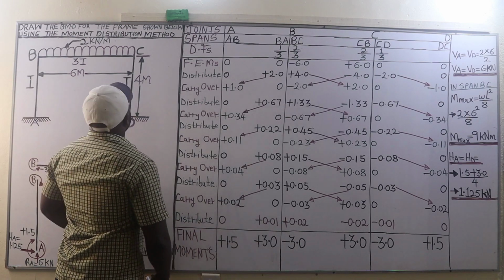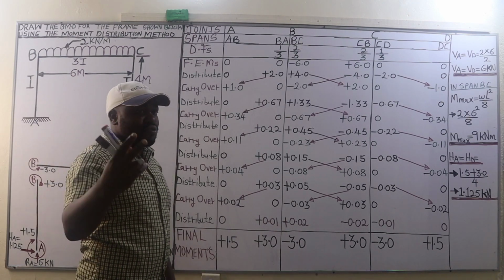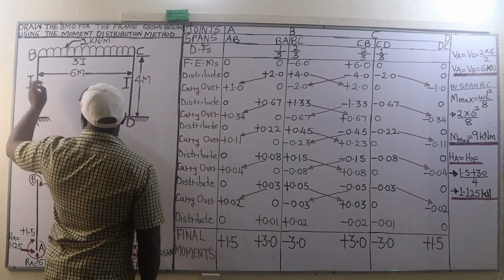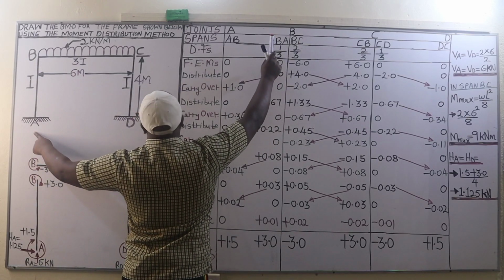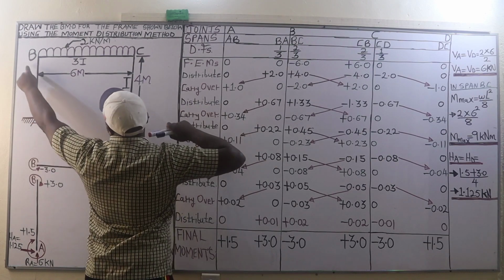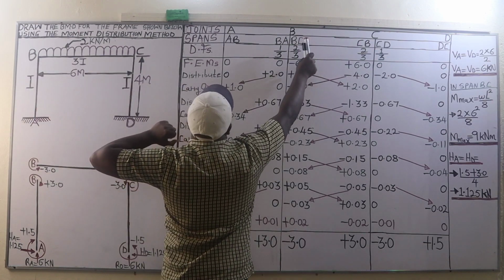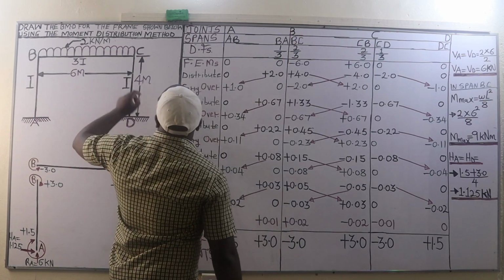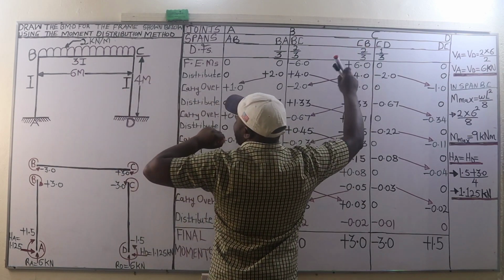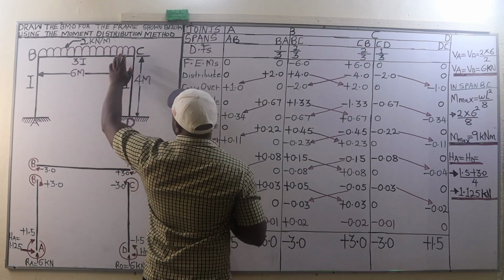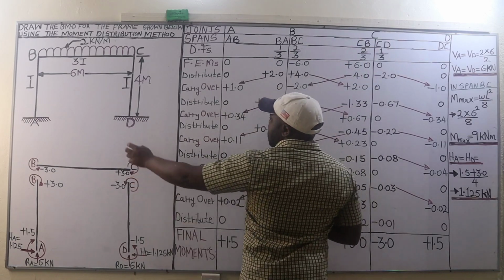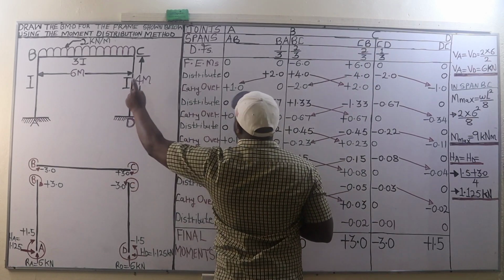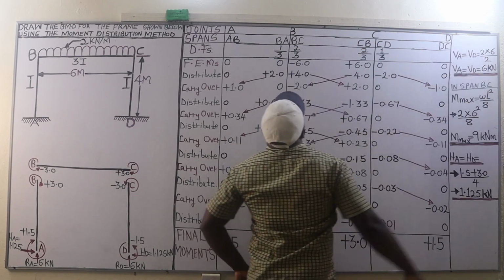Joint B has 2 members in total: member BA, which is on the left hand side, and member BC, which is on the right hand side of B. Joint C has two members as well, CB and CD. Joint D has one member, DC, which we have written there.